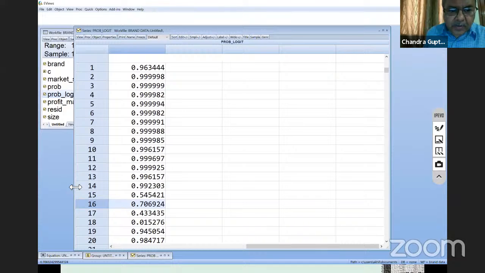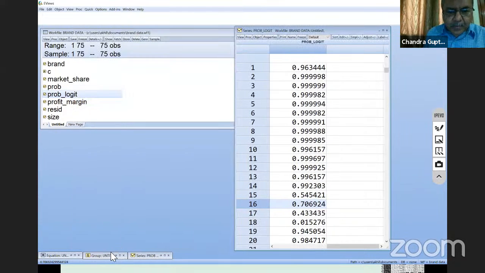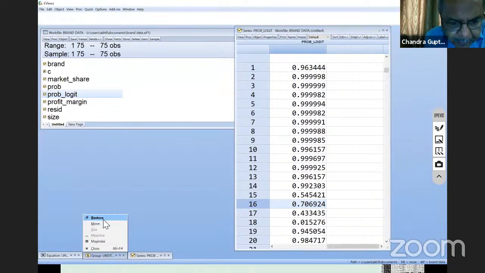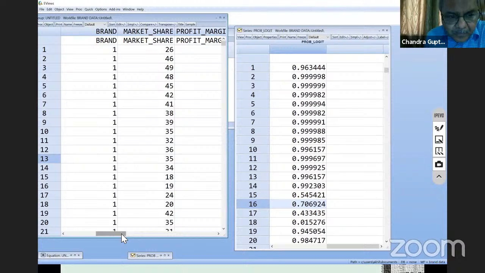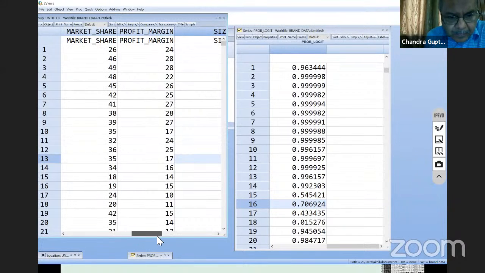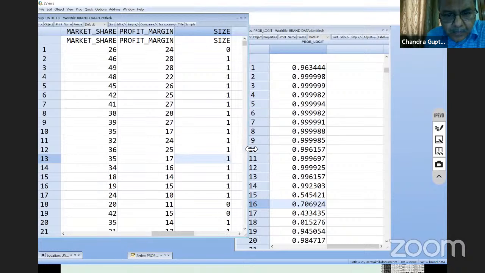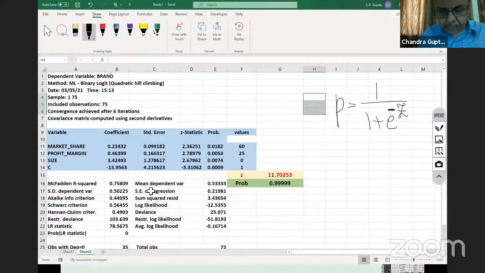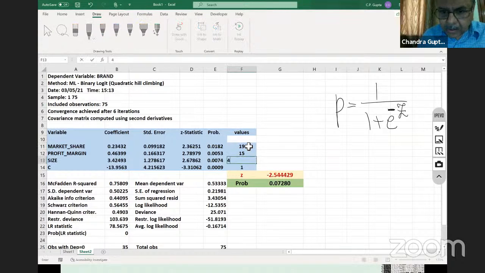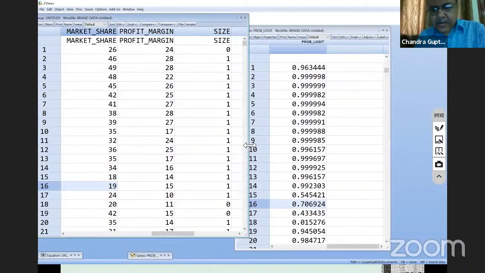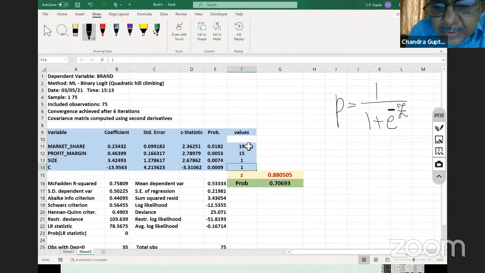If I take the 16th observation, 19, 15, and 1, my probability is 0.70693.